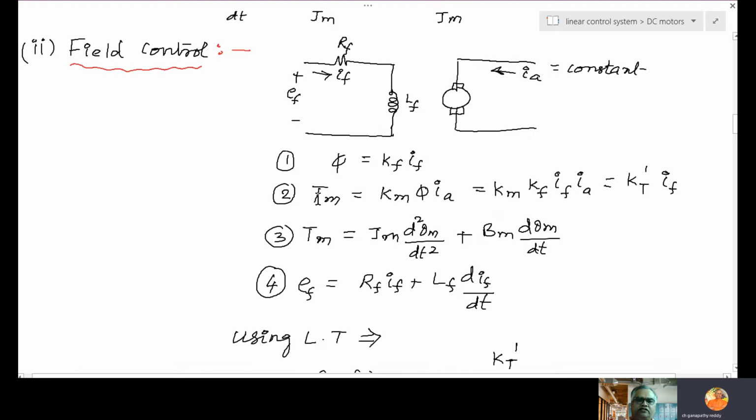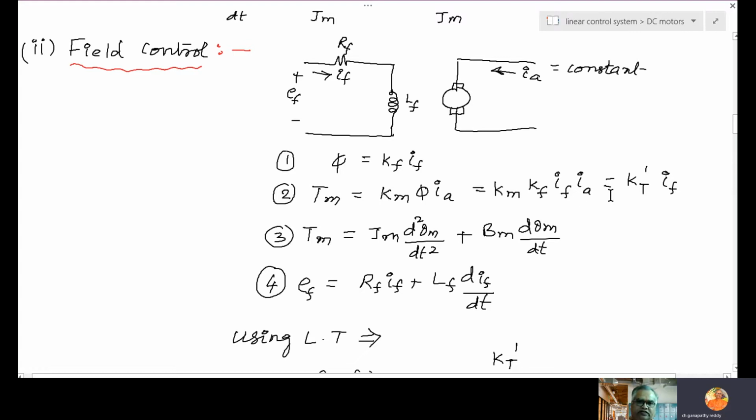What is the second thing we discussed earlier? Torque depends on flux as well as armature current. So Km as it is, flux replaced with Kf IF, Ia as it is. Now Ia is constant, Kf constant, Km constant. All these constants are combined as Kt prime, then IF. So torque we are controlling with the field current.